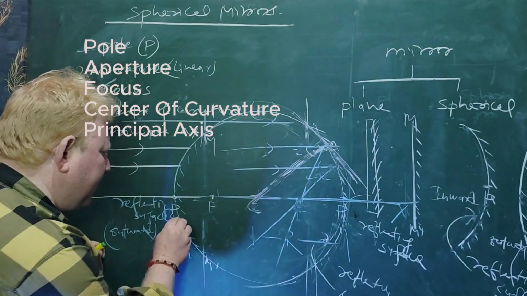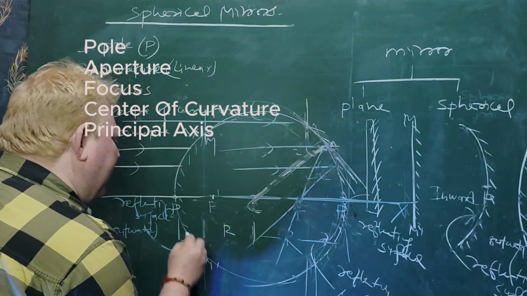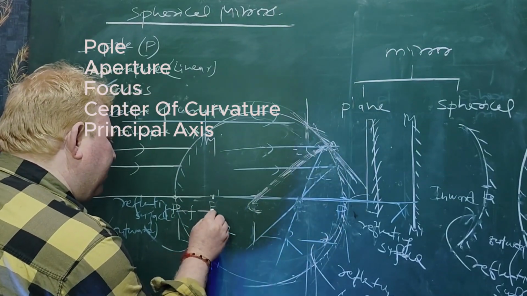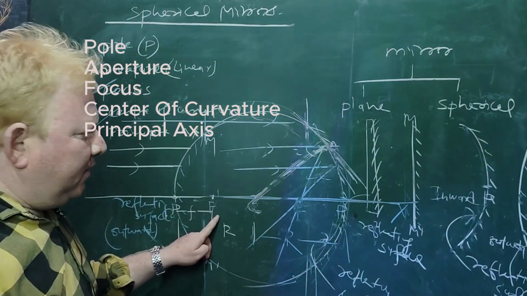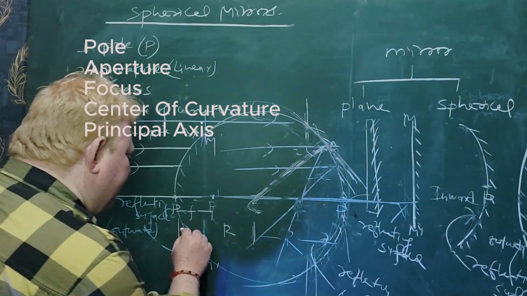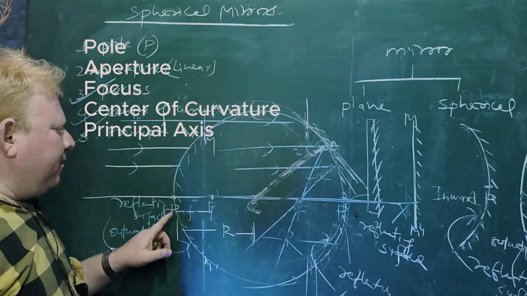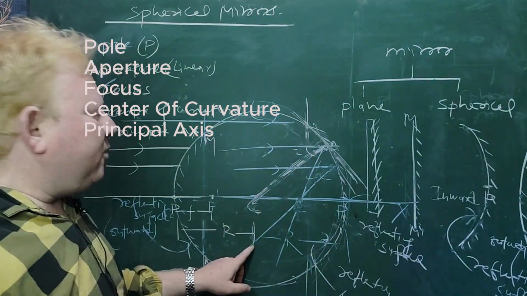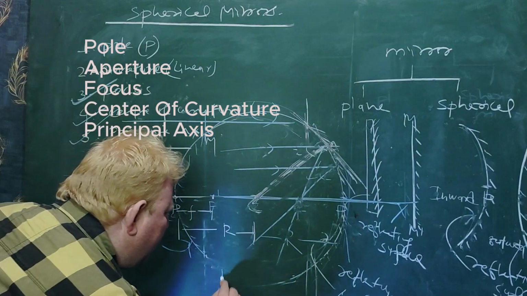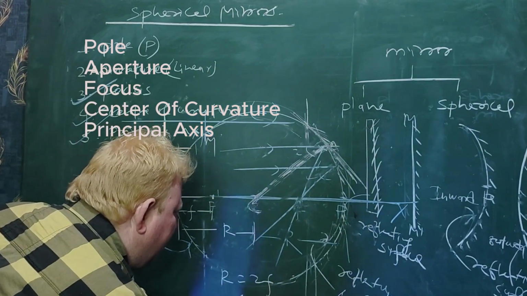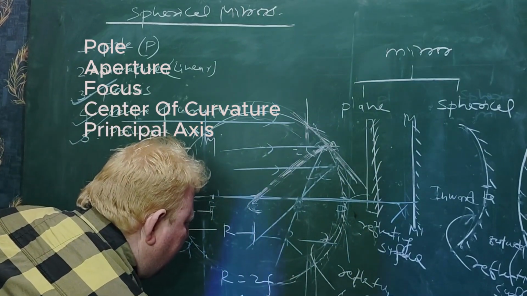So if this is the radius of curvature R and this is the focal length, of course the distance between pole and focus is known as focal length, and the distance between P and C is called the radius of curvature. And here R is equal to twice of F, and of course F is equal to R by 2.